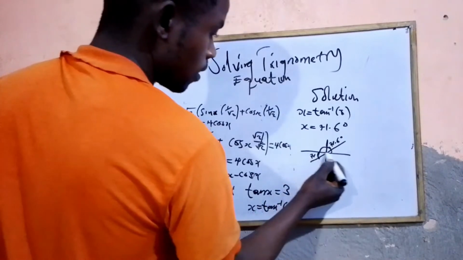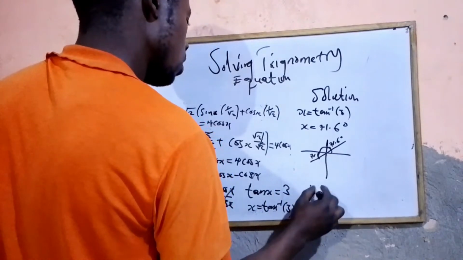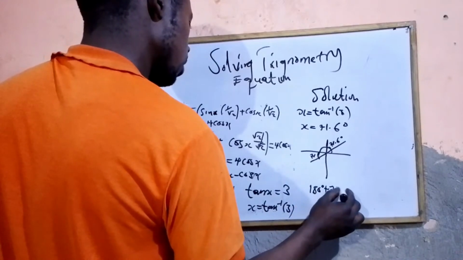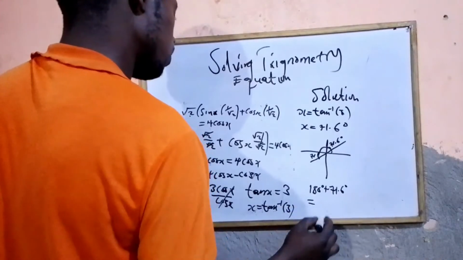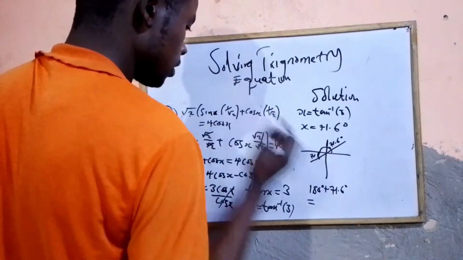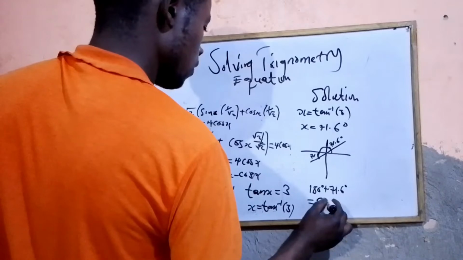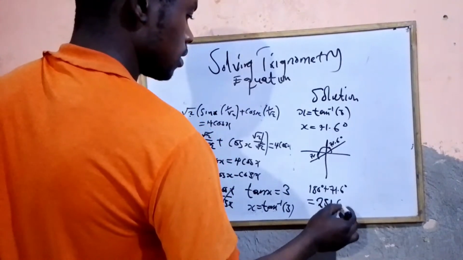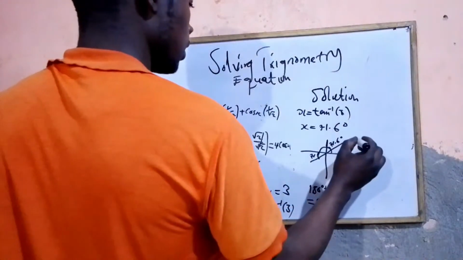We know that the angle at a straight line is 180, so it will be 180 degrees plus 71.6 degrees, which gives 251.6 degrees.